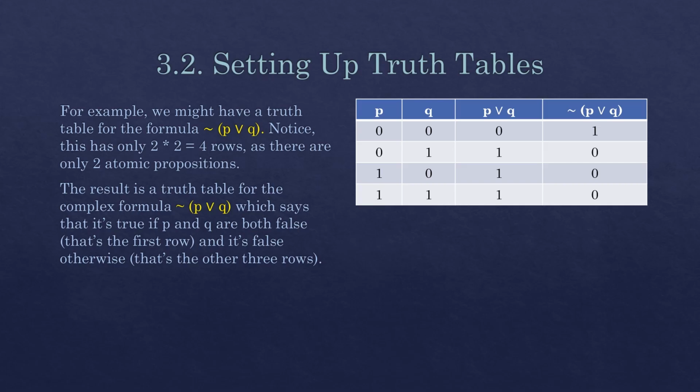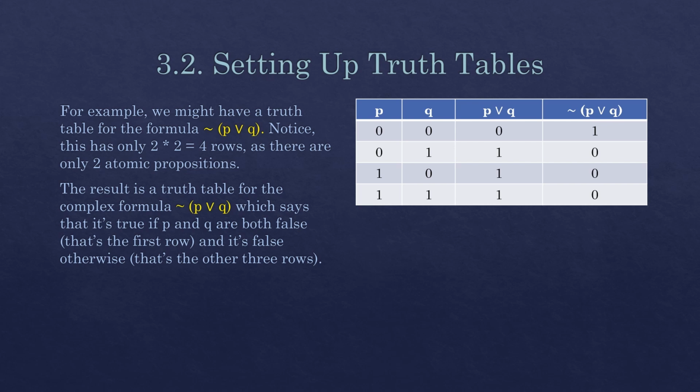And considering these truth valuations for the disjunction, we can then determine the truth valuation of our main operator. It is negation. And you can see that in the case of negation, we only change our truth valuation to the opposite.